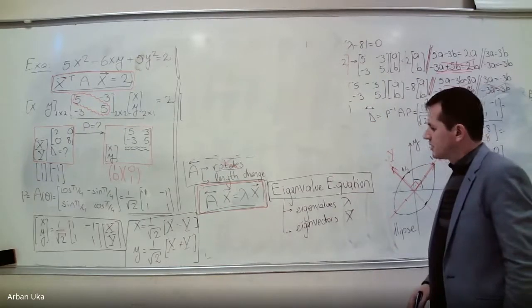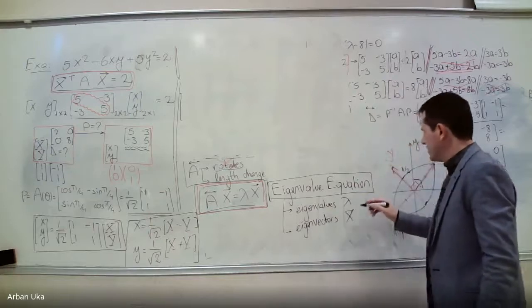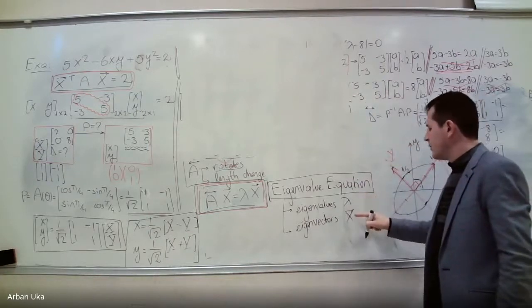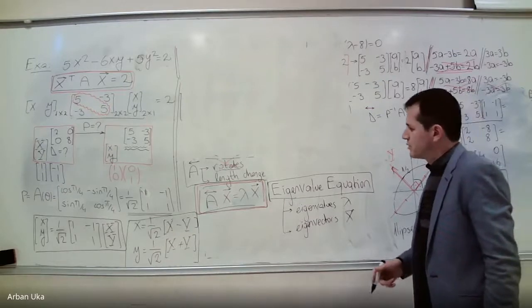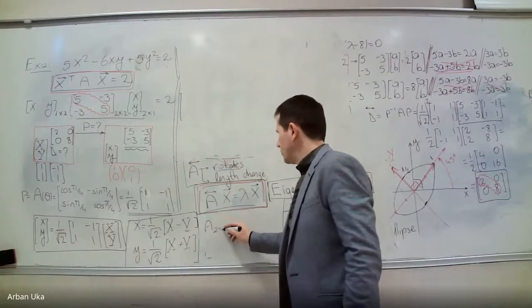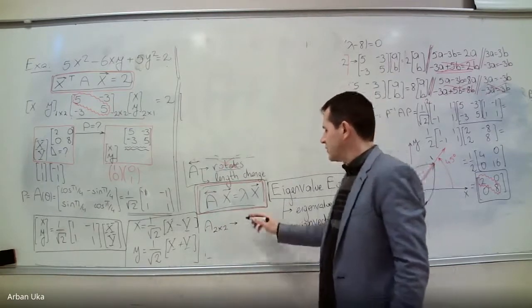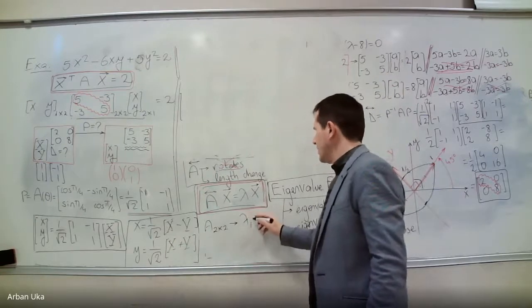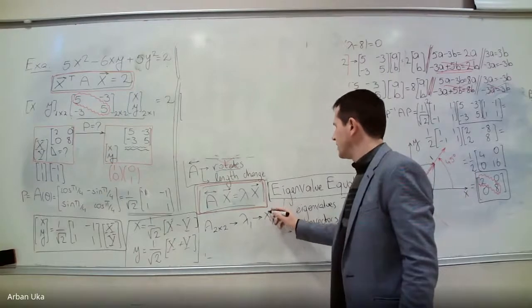And traditionally, what we can expect is that for each lambda, we might expect a specific eigenvector x. So assume that we have a matrix A, which is 2 by 2, such as in our case. Often we might expect to have a lambda 1, and then for this lambda 1, we have to find an x1, okay?